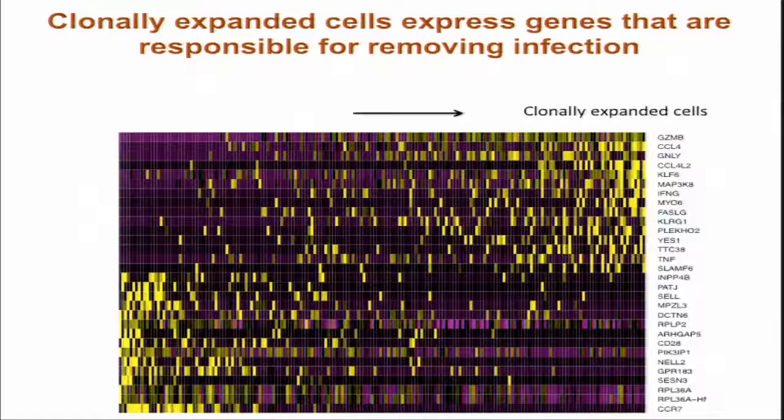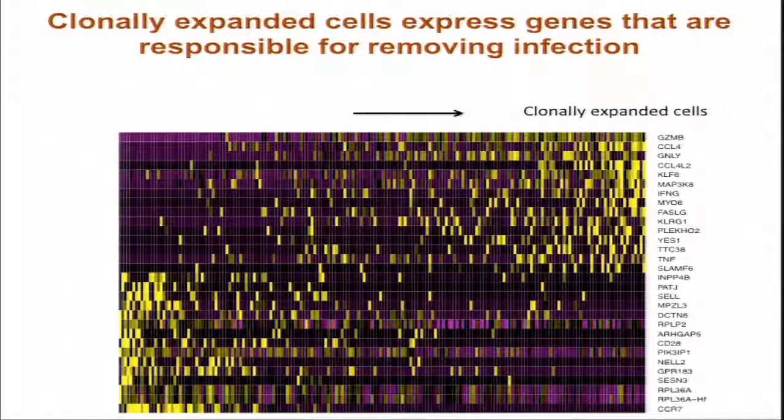On the rows are different genes. These genes have expressed RNA, and they have different function. The columns are different cells. We sequenced about 200 cells, all from a CFS patient, and roughly we've ordered these cells from left to right based on the extent that the cells have clonally expanded.